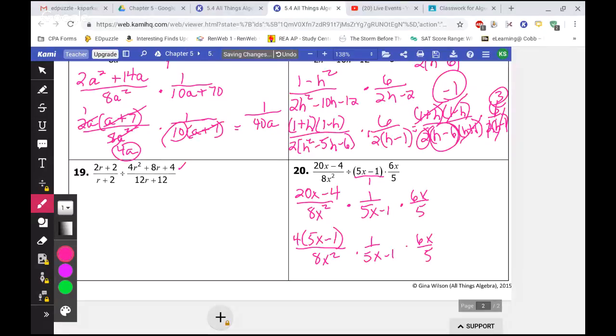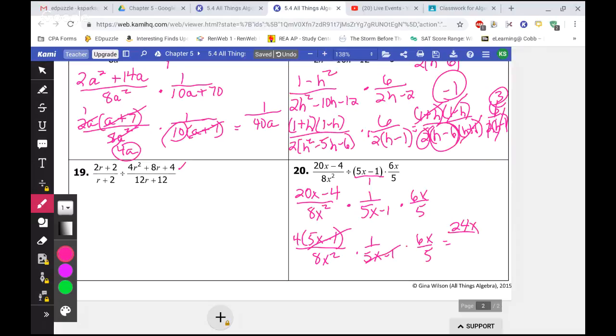And on this, I would go ahead and cancel that out. But because there's so much going on all the way across, just to be on the safe side, I'd go ahead and multiply all the way across and then reduce, just because there's so many terms. Does that make sense? Yes.